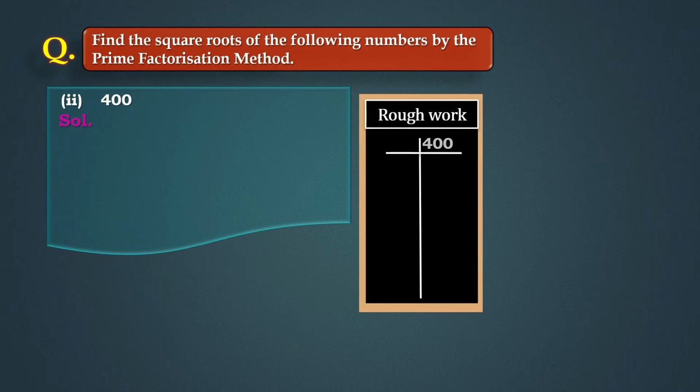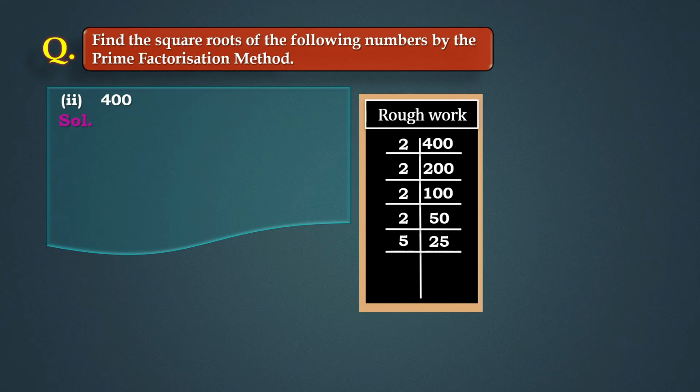Start dividing 400 by the smallest prime number, which is 2. 400 divided by 2 gives 200. 200 divided by 2 gives 100. 100 divided by 2 gives 50. 50 divided by 2 gives 25. Now, 25 is not divisible by 2, so we divide by 5. 25 divided by 5 gives 5. 5 divided by 5 gives 1.